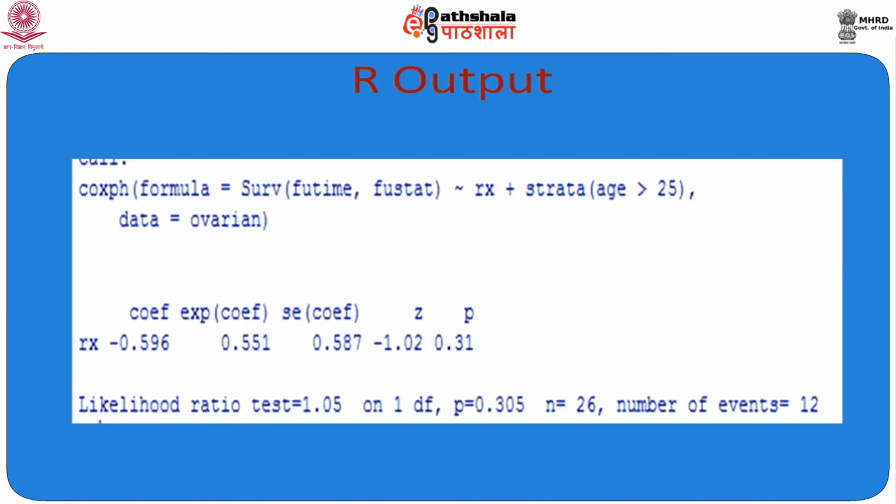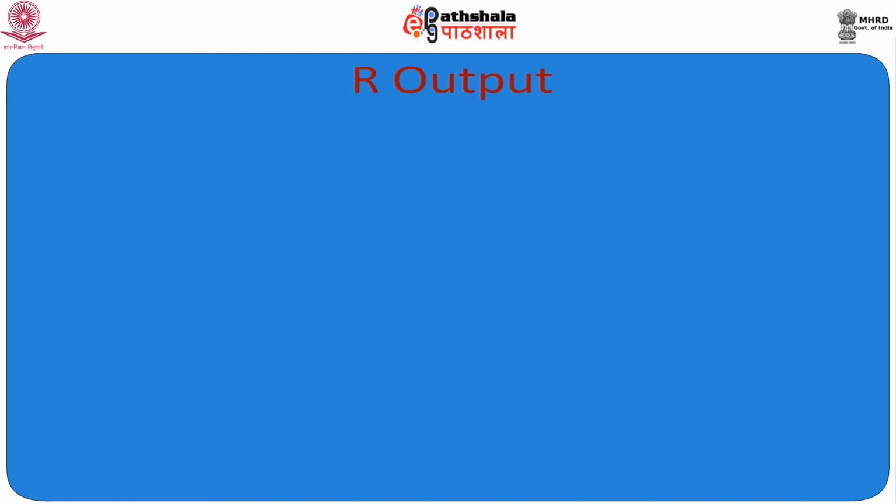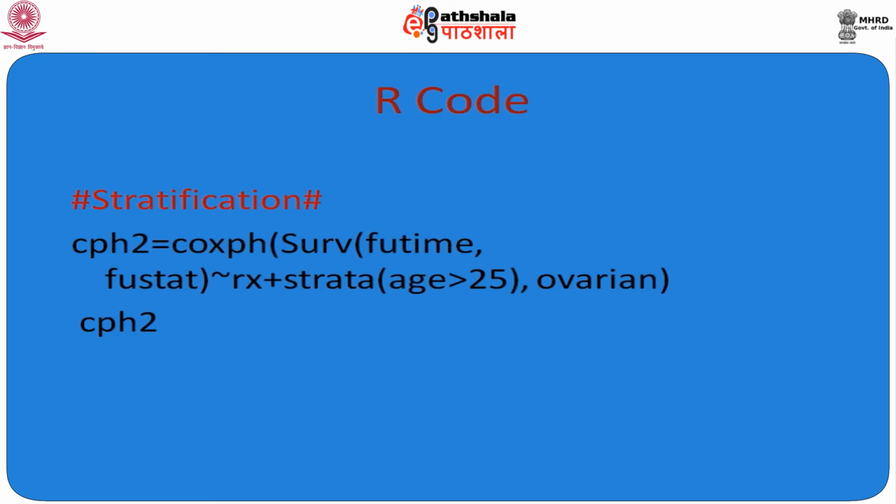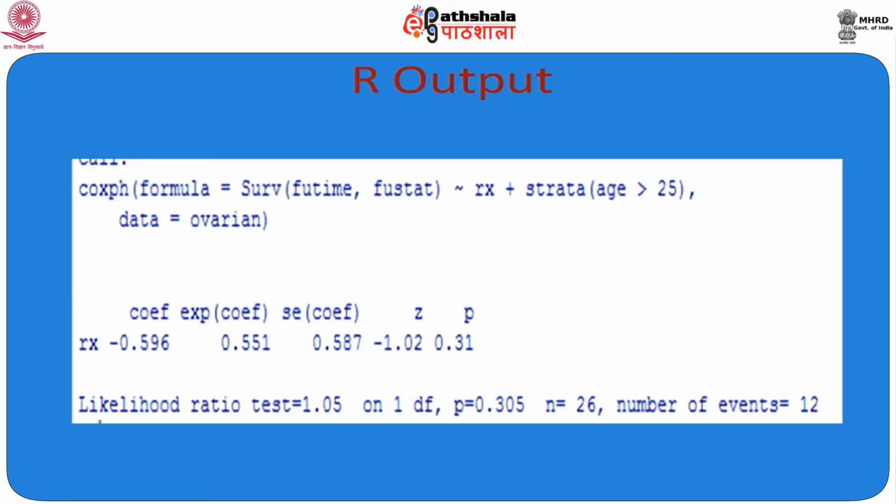This is the result. At an earlier stage we had considered Rx and age, but in this case we considered only one stratum, age more than 25. So these values give the coefficient estimate only for Rx, that is minus 0.49, with exponential of coefficient 0.55, standard error 0.587, and p value 0.31.